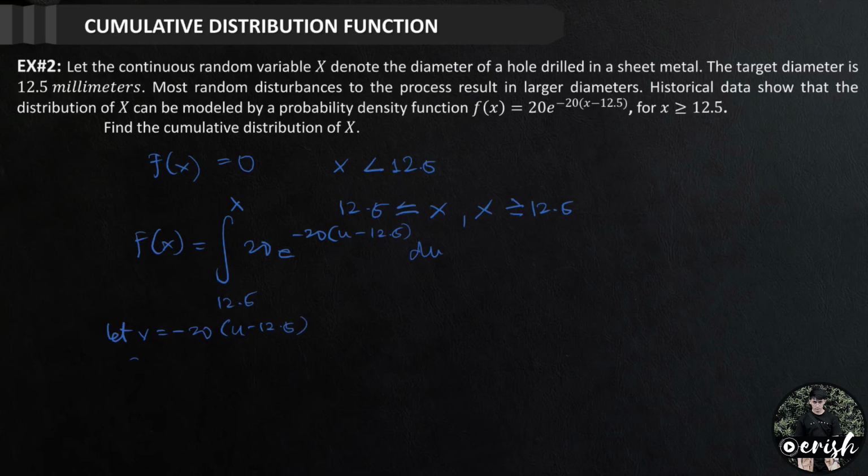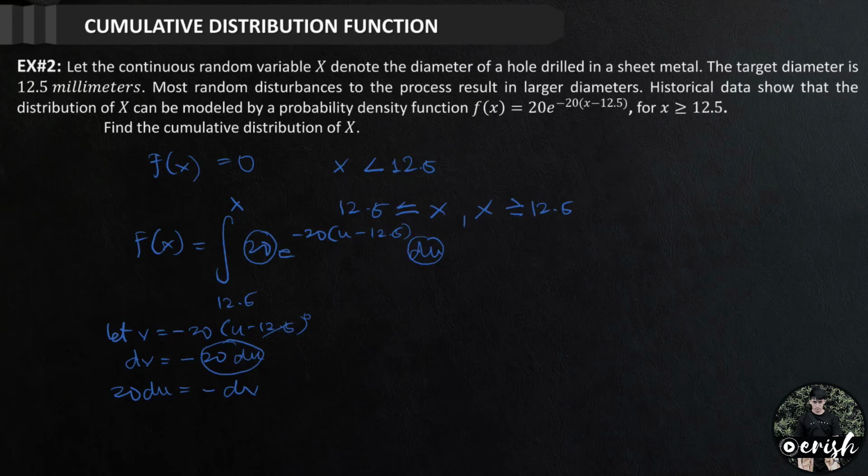Solving for dv, the derivative of this v, this is now negative 20 du, since this is 0 na. Since meron tayong 20 dito and du, solving for 20 du only, this is equal to 20 du equals negative dv.